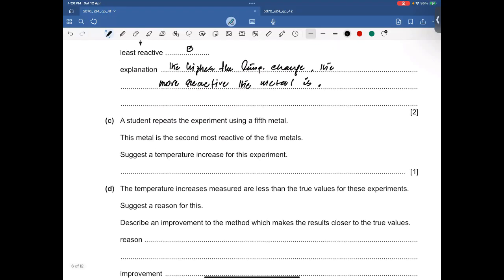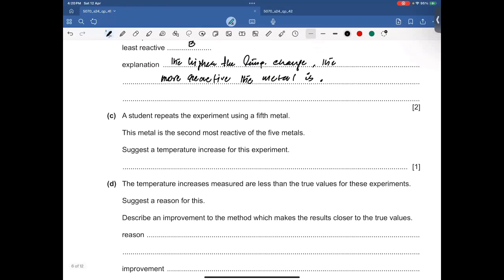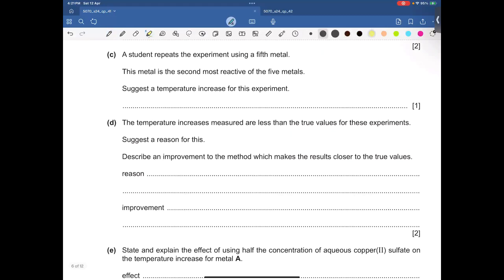Okay. A student repeats the experiment using a fifth metal. The fifth metal is represented by Q, let's suppose. Okay. This metal is the second most reactive of the five metals.